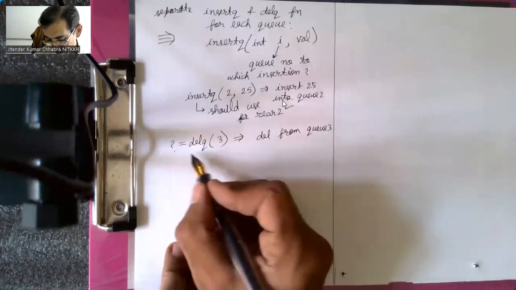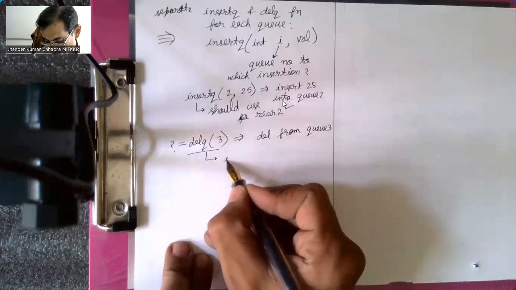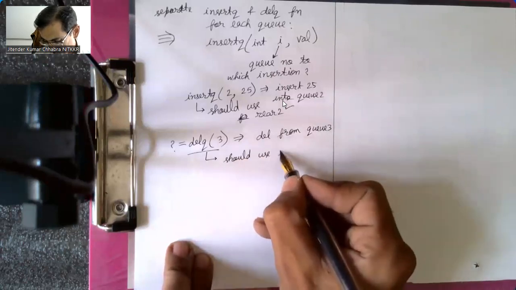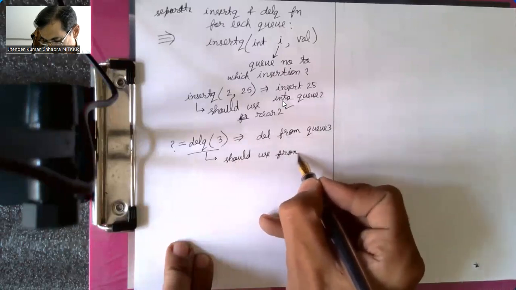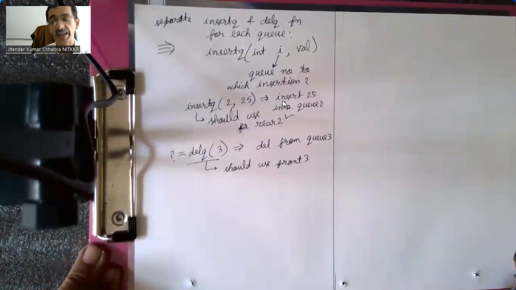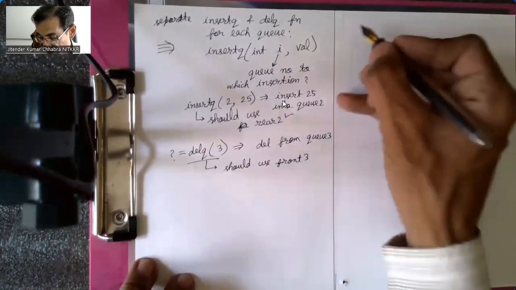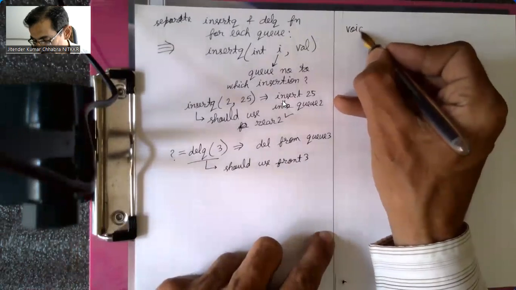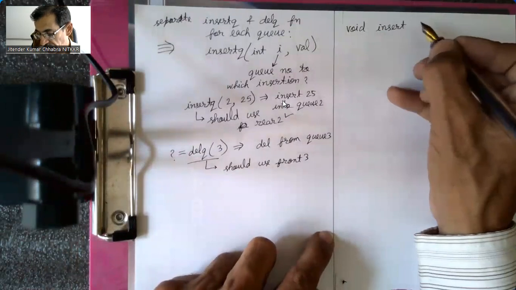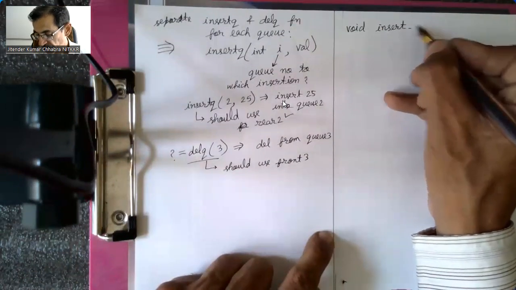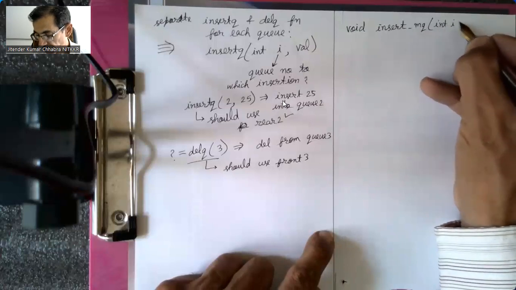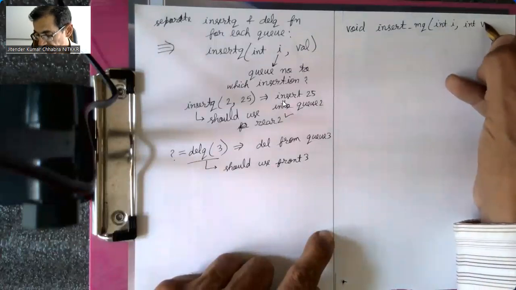That will also mean it should internally use front 3. So I want you to think in a way that you write one function void insert Q, insert into multiple Qs. Let's say I'll say insert multiple Qs, int I and int val.